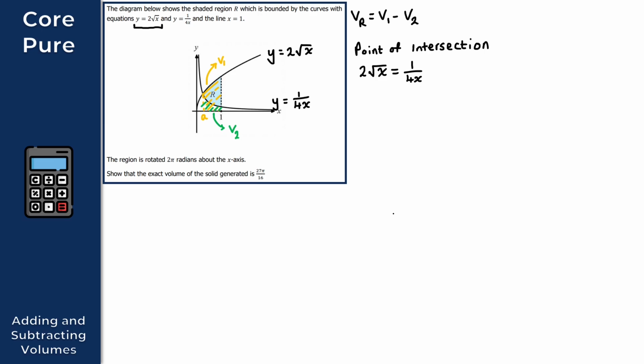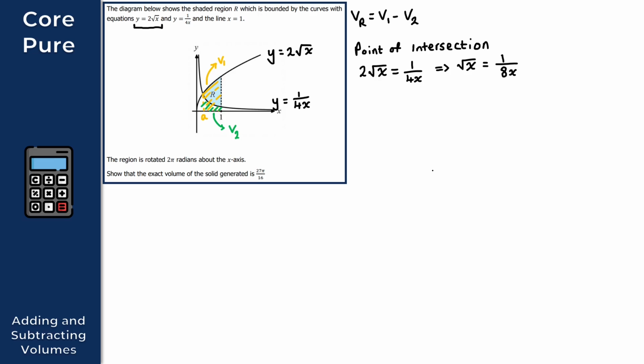There's a few different ways you can go about solving this for x. Completely up to you. What I'll do is divide both sides by 2. So if I do that, I get root x is equal to 1 over 8x.